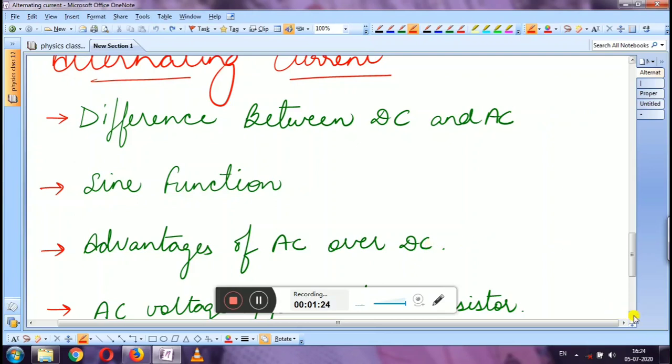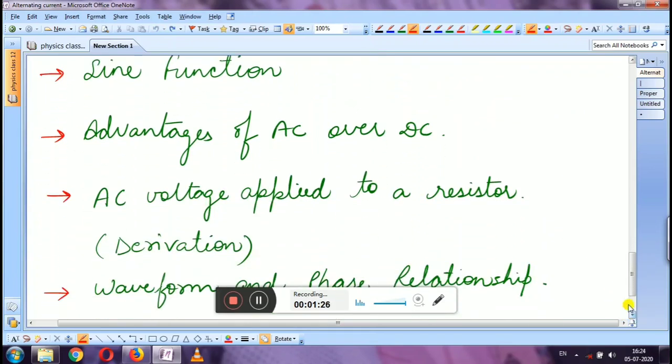After that we will study AC voltage applied to a resistor. That means we will take an AC source, alternating current source, and that source will produce voltage. That voltage will be applied to a resistor which is connected in a circuit, right? There we will have one derivation.